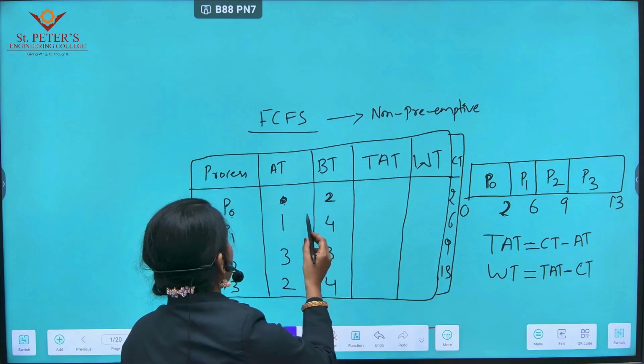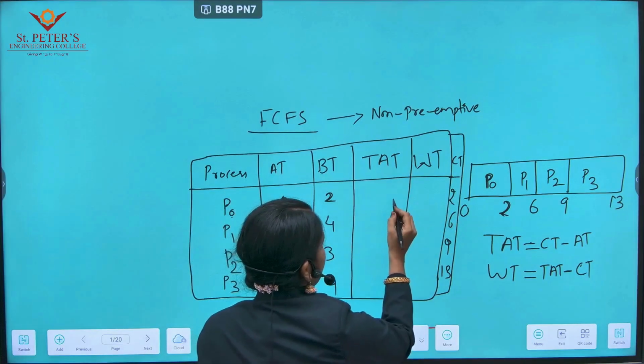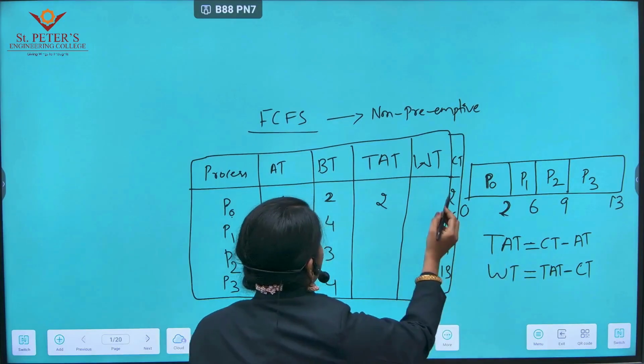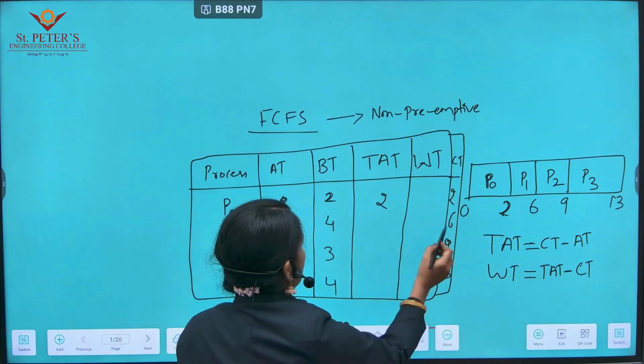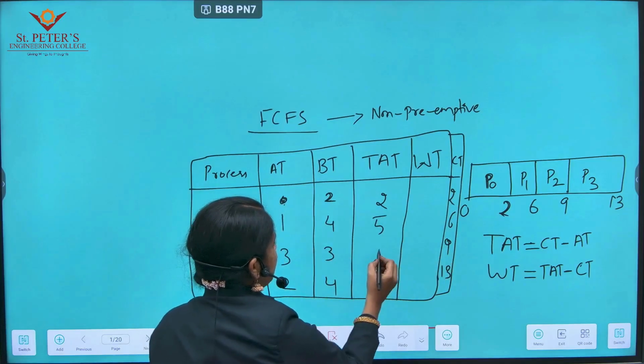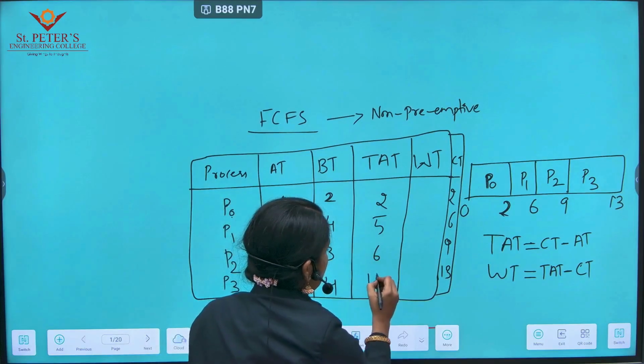What is the P0 completion time? That is 2 minus 0, that is 2. Next CT minus AT, that is P1's 6 minus 1, that is 5, 9 minus 3, that is 6, 13 minus 2, that is 11.